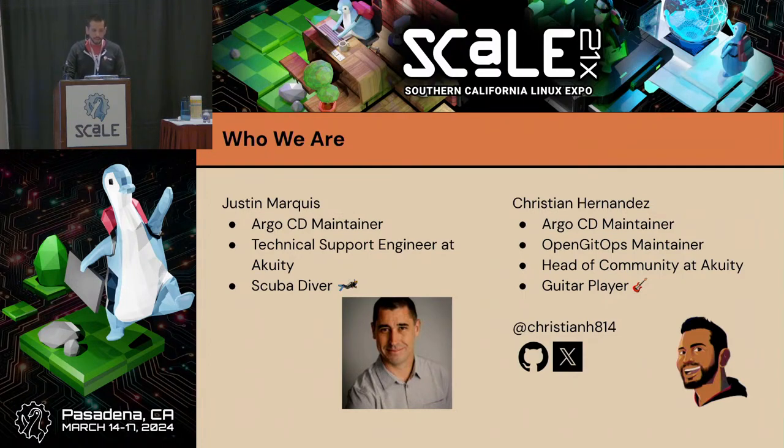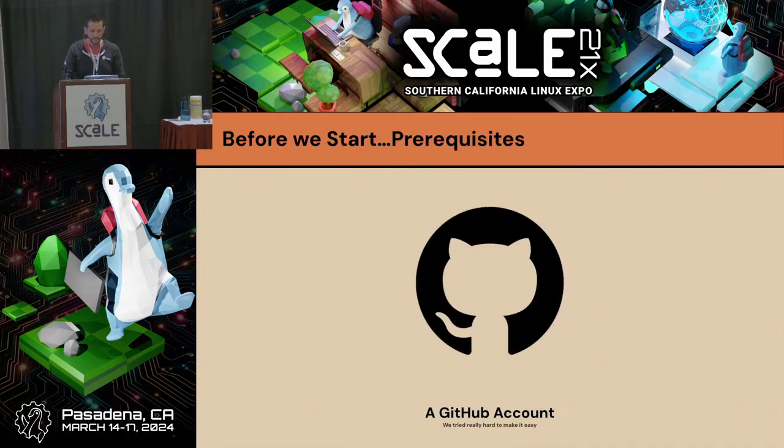So first, I want to gauge the level of knowledge here. Actually, before we start, the prerequisites. The only prerequisite is you have a GitHub account. We were trying to make it as easy as possible. If you don't have a GitHub account, now's probably the time to start signing up for one. We use dev containers inside of GitHub, so we try to keep this as self-contained as possible and try not to stress the Wi-Fi too much.